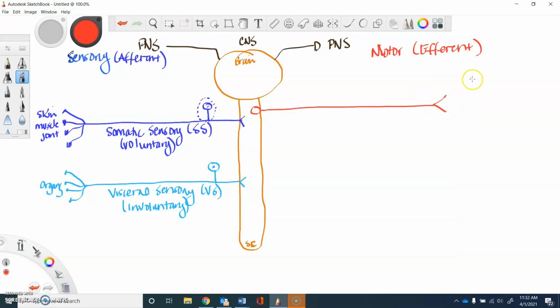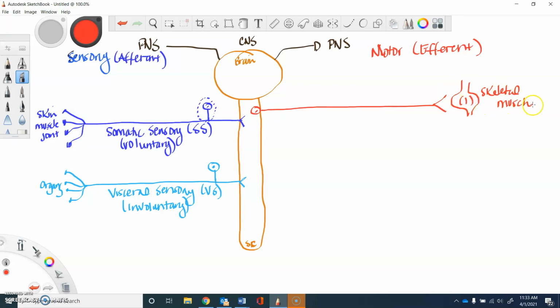So this is a motor neuron that's going to innervate skeletal muscle. The cell body's over here. It's in the spinal cord. Okay. And it's going to send off some kind of neurotransmitter here that will innervate the skeletal muscle.